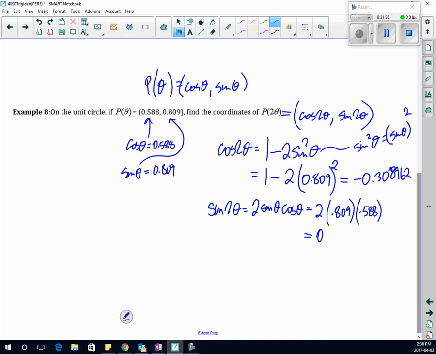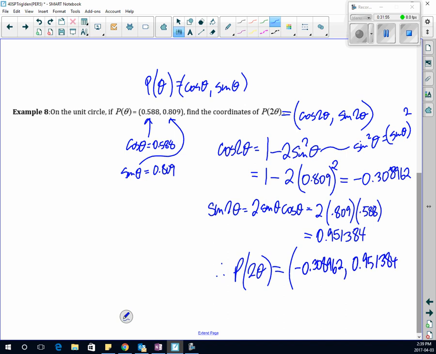And I get 0.951384. So, therefore, P of 2 theta is equal to negative 0.308962, comma, 0.951384. What quadrant is that in?